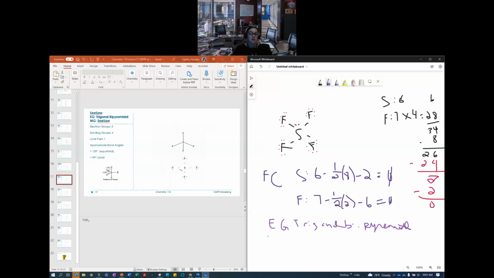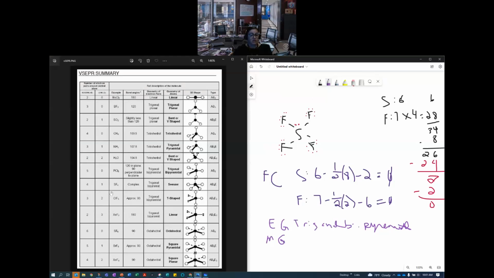And sadly, my handwriting does not look much better when you see it in person. So, on our table, we had 5 with 0 was trigonal bipyramidal. So that's my electron geometry still. It's trigonal bipyramidal. But one of those is now a lone pair, and so we call that structure seesaw. Right?